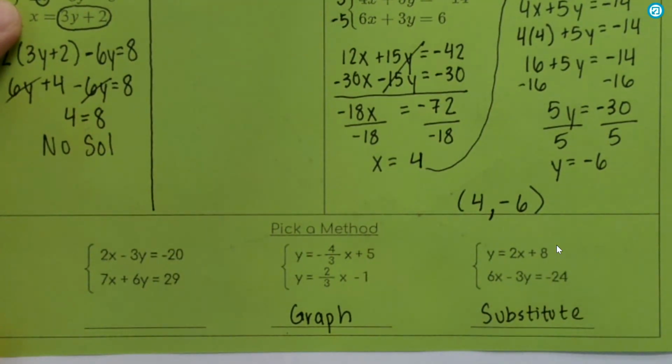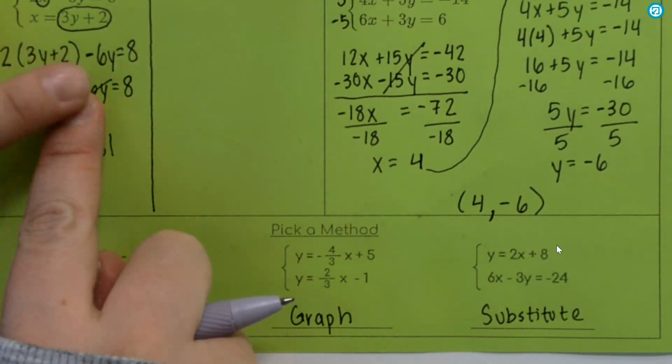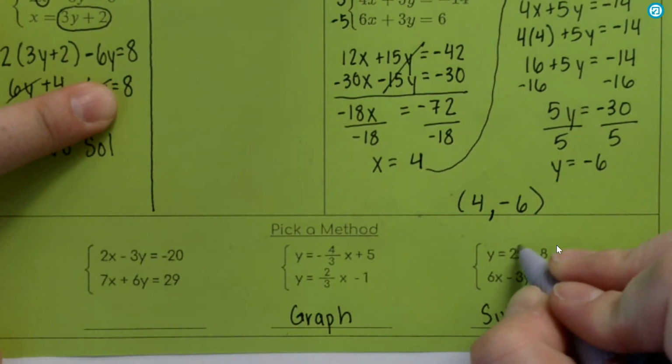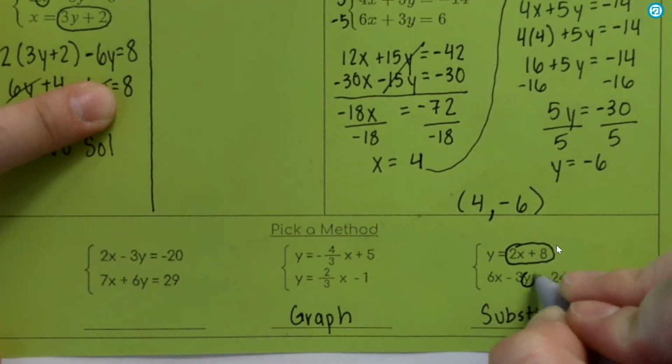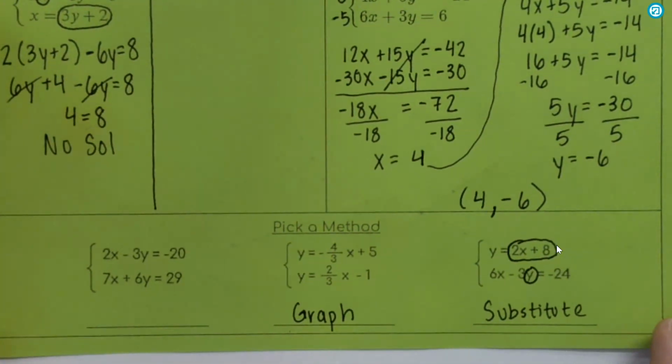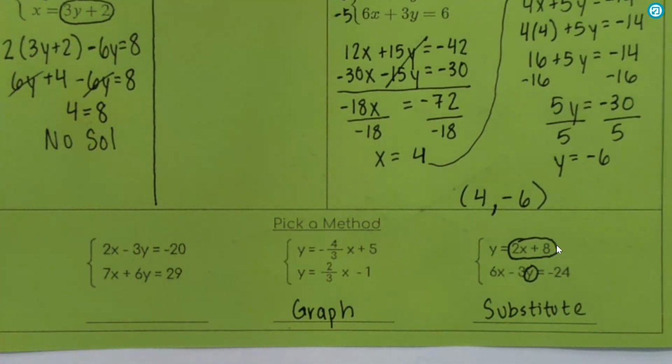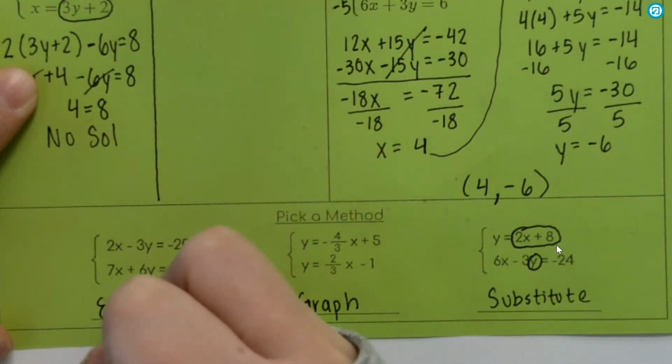If you want to, just because we didn't have one where we plugged in for y up here, if you want to help yourself by circling that and saying I would plug it in here, if that'll help you remember that when it's y equals, you plug it in for y, do that. And then process of elimination, for elimination, the easiest one to do by elimination would be this one.